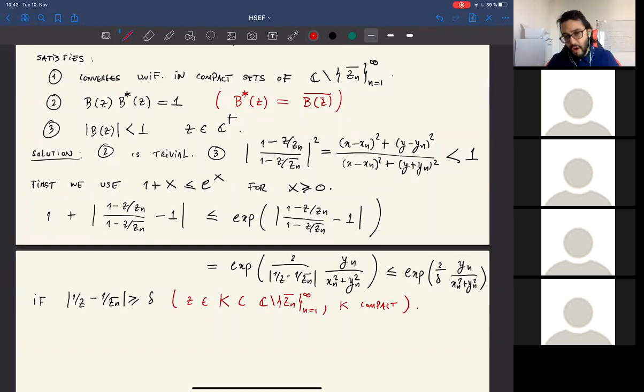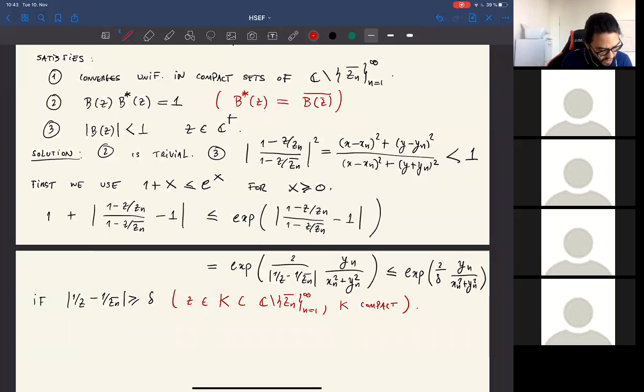Okay. Another way of saying it: if z is at a positive distance from the set of the conjugates of the zeros. Okay. Which is what we want because that's the claim of the problem. Great. So we have an estimate for this term.